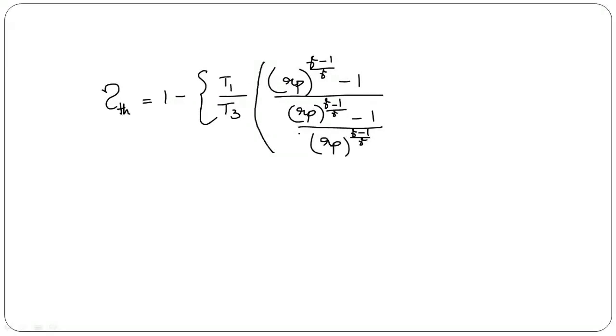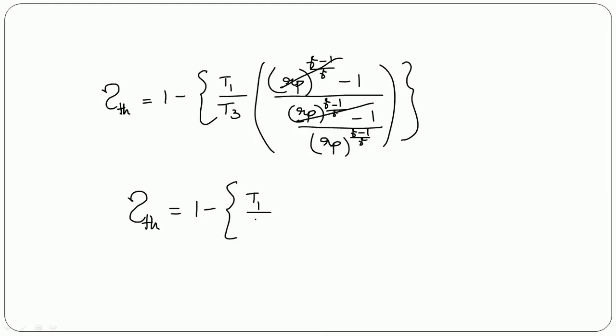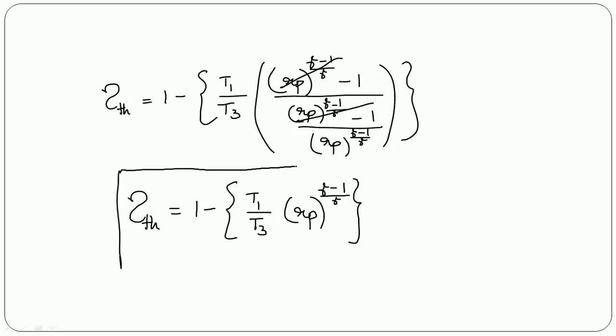This is what we have got. So these two get cancelled and finally the thermal efficiency can be written as 1 minus T1 by T3 into Rp to the power (gamma minus 1) by gamma. So this is the thermal efficiency.